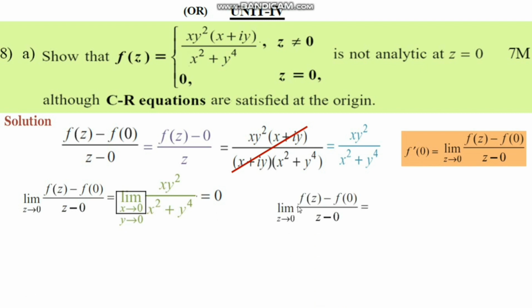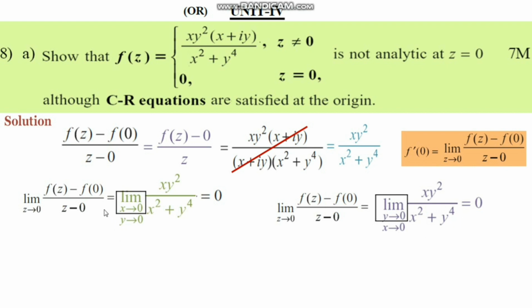Again, we consider the limit of this function along the path y tends to 0. When y is replaced with 0, 0 occurs in the numerator, 0 by x square plus 0 power 4, that is 0 by x square, which equals 0. f dash of 0 along the direction y tends to 0, then x tends to 0, is also 0 valued.